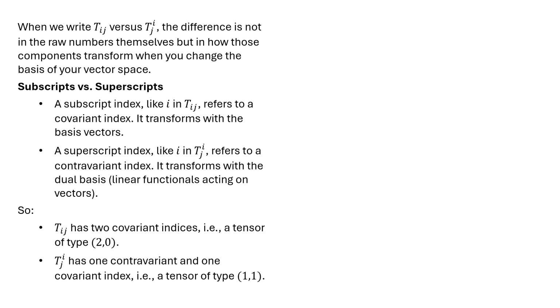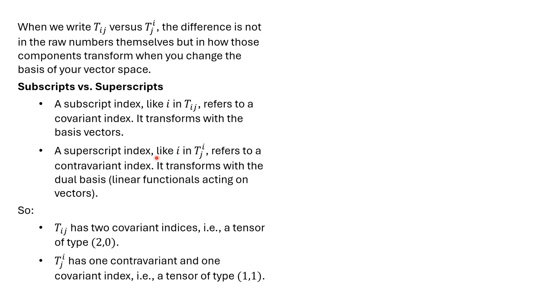So let's look a little bit deeper into this distinction between T_ij and T^i_j written this way here, subscript versus superscript. A subscript index like i in T_ij refers to a covariant index that transforms with the basis vectors. So if you remember from the previous lesson, these bottom indices refer to the vector space.